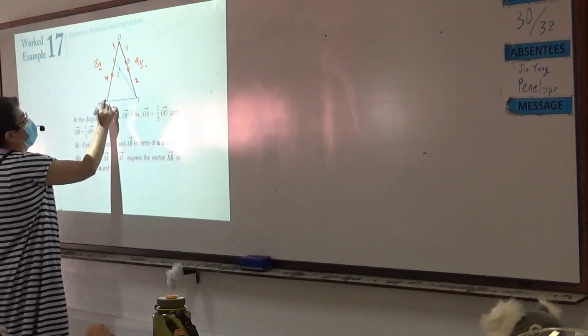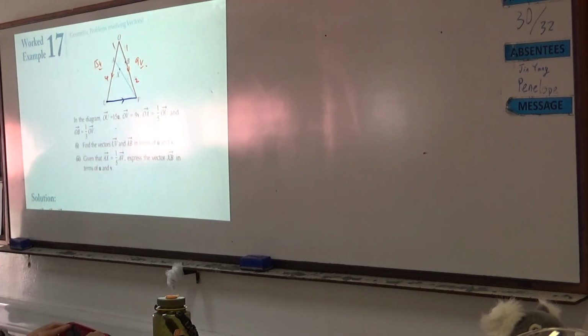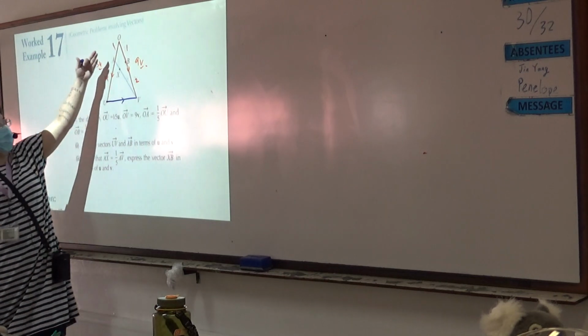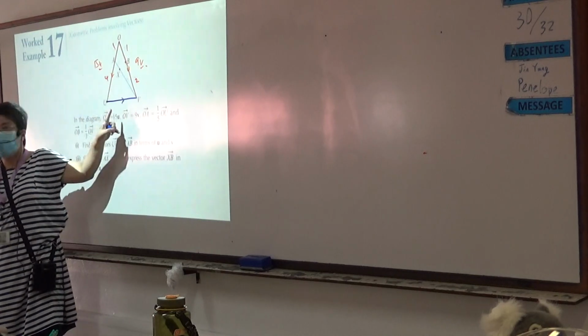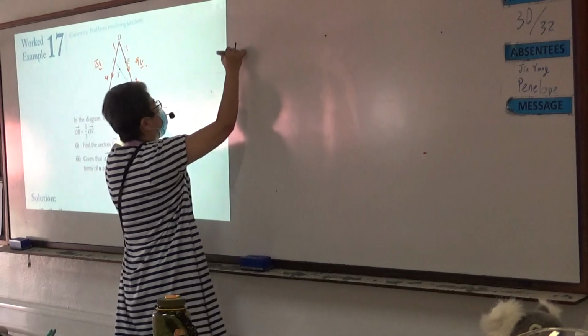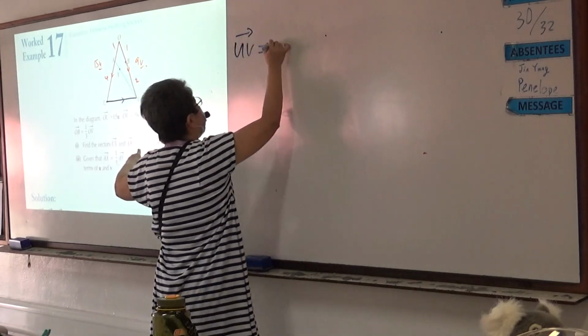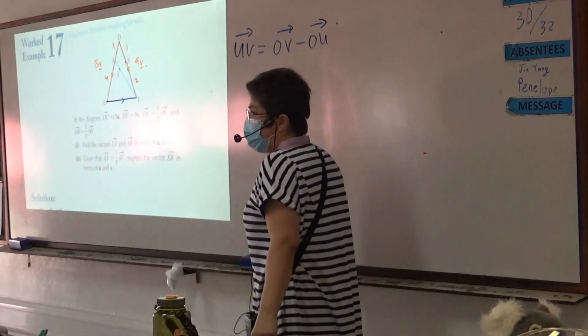UV. Now UV is this one. Agree, class? Now you see, these two vectors originate from the same place, and then this one points here. So actually, UV is OV minus OU, right?